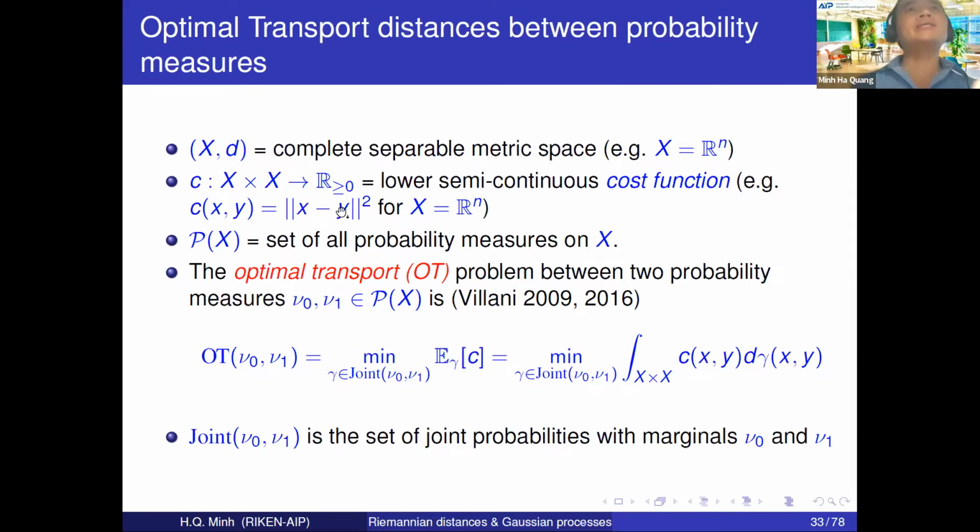And let's suppose that P(X) is a set of probability measures on X. The optimal transport problem between two probability measures, mu0 and mu1 on X, is given by this formula here. We just minimize the cost function C with respect to a joint measure between mu0 and mu1, the integral of C(x,y) d gamma(x,y), where gamma is in the set of joint probability measures with marginals mu0 and mu1.